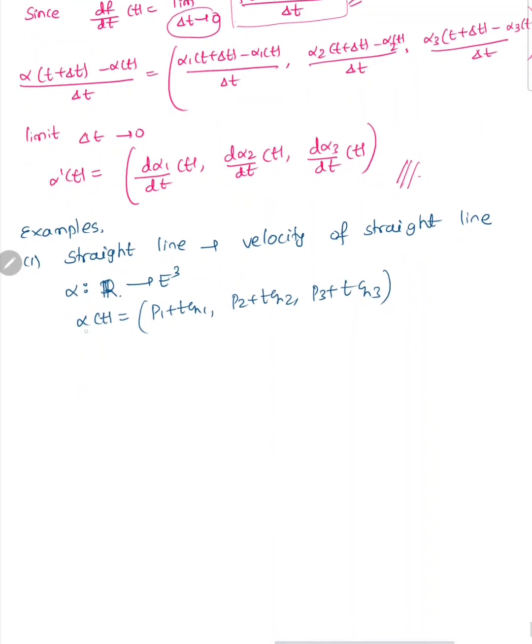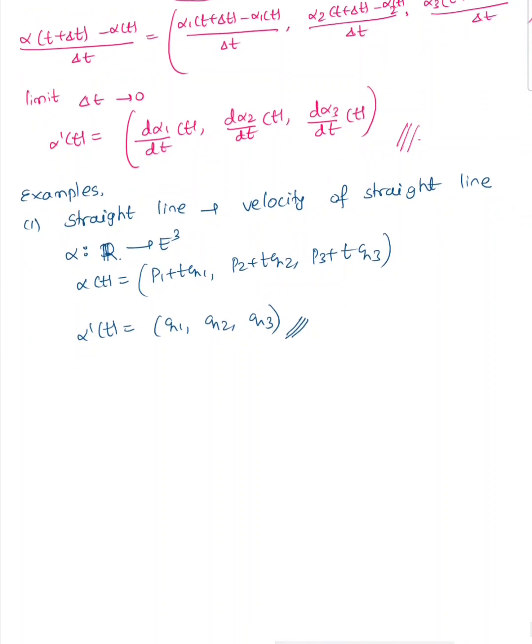We just differentiate the curve alpha with respect to t. We have alpha dash of t is equal to Q1, Q2, Q3. So this is the velocity of the straight line, which is obtained by differentiating the curve alpha with respect to t.